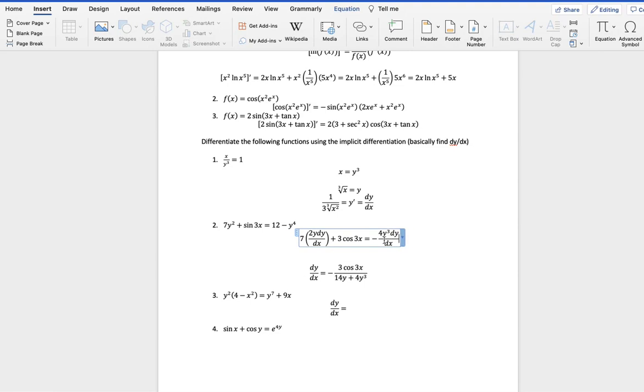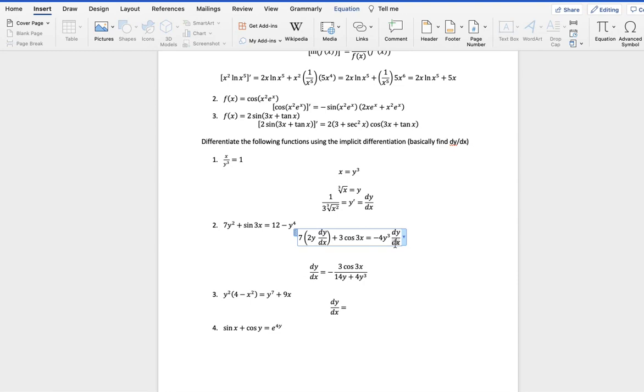So as you can see, let me just take this out here and put it out here, and then let's take out the 2y and put it across there. You can clearly see that dy over dx is a common factor between these two terms here.